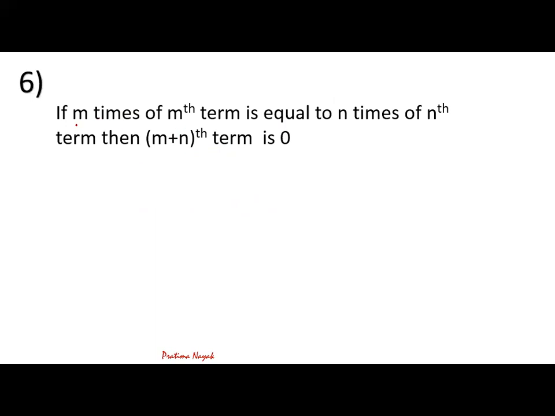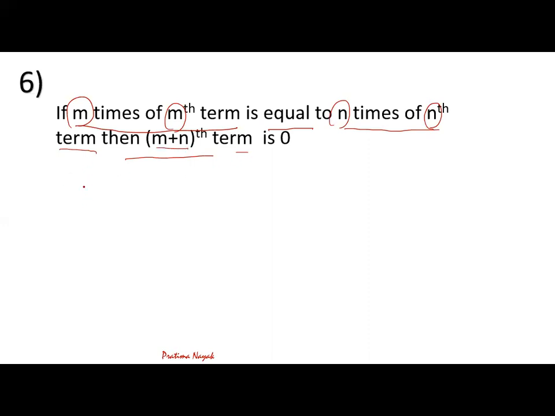Next, if m times the mth term is equal to n times the nth term, then the (m plus n)th term is 0. What does it mean?